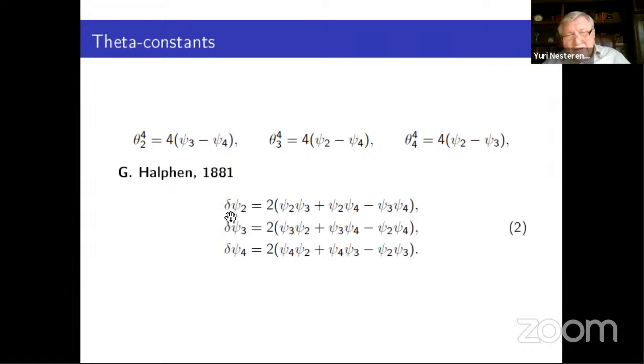There is a singularity at 0 because delta is q multiplied by d over dq, so at q equals 0 we have a singularity. These differential equations are analogous to the Ramanujan differential equations, but in this case the system is symmetric.